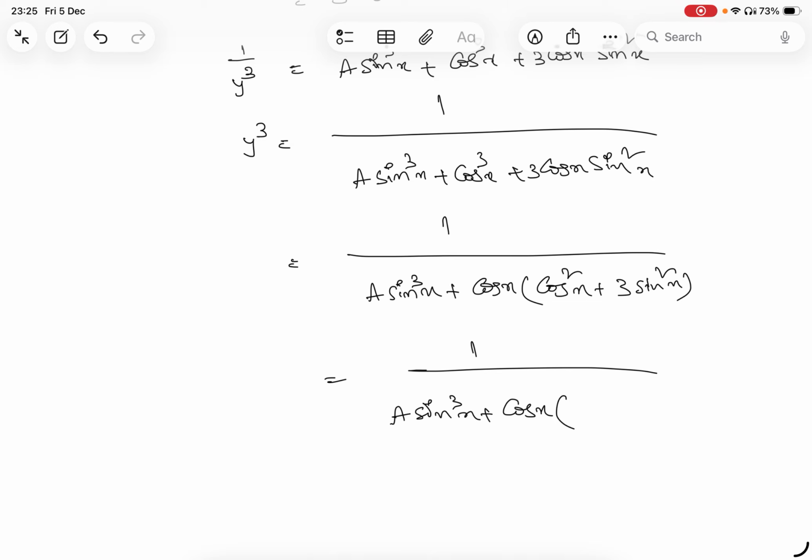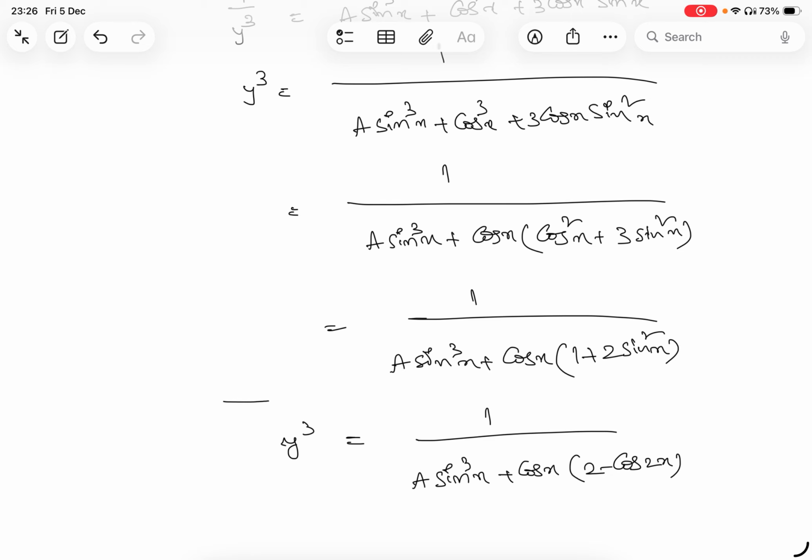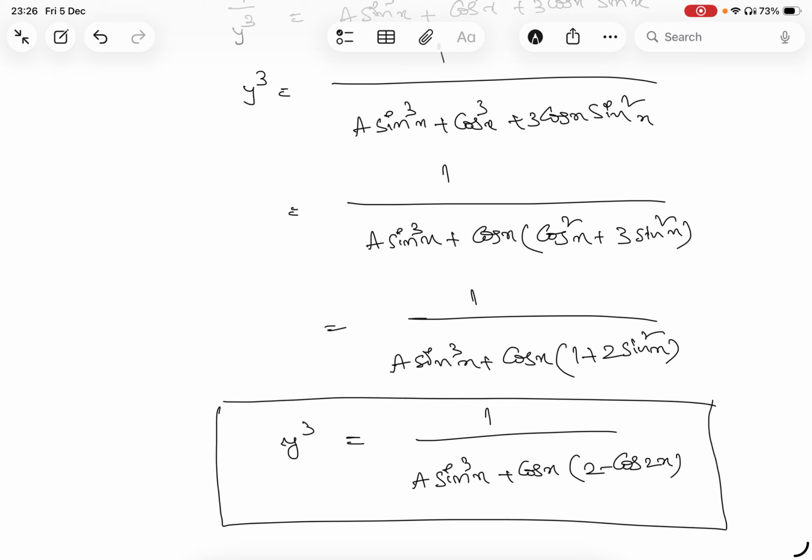Then one of the sin square x will combine with cos square x to give a 1, plus you are left with 2 sin square x, right? Then 2 sin square x can be written as 1 minus cos 2x, right? Then 1 plus 1 minus cos 2x becomes 2 minus cos 2x. Fine. Then this becomes 1 by a sin cube x plus cos x into 2 minus cos 2x. This is y cube. This is the general solution for the given differential equation.